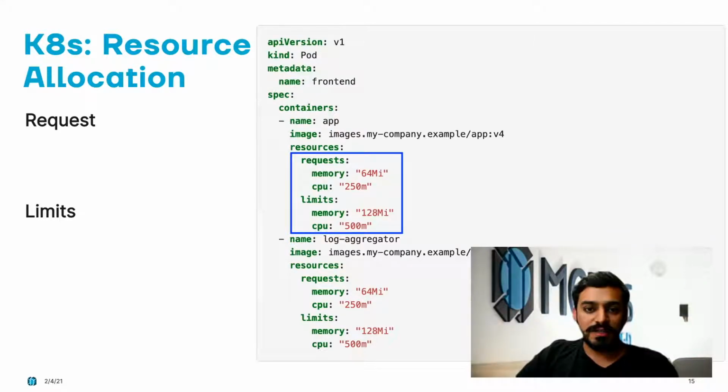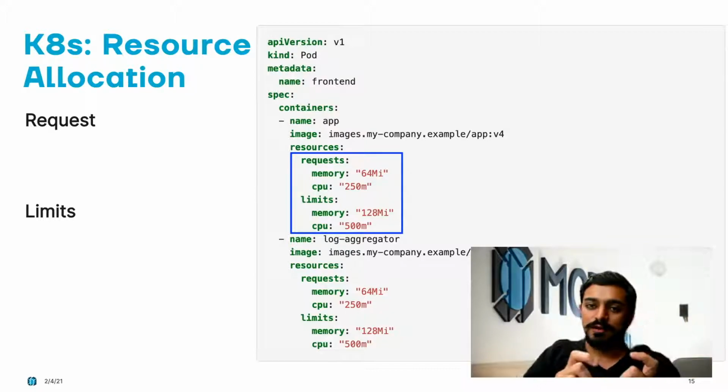So we will request an amount, for example, here we will request memory 64 megabytes, but we will say that at most, if we need, we are still allowed to use 128 megabytes of memory. So this is a range. We can use somewhere between 64 and 128. 64 will be considered the basic available, which will always be available to us if we need it.